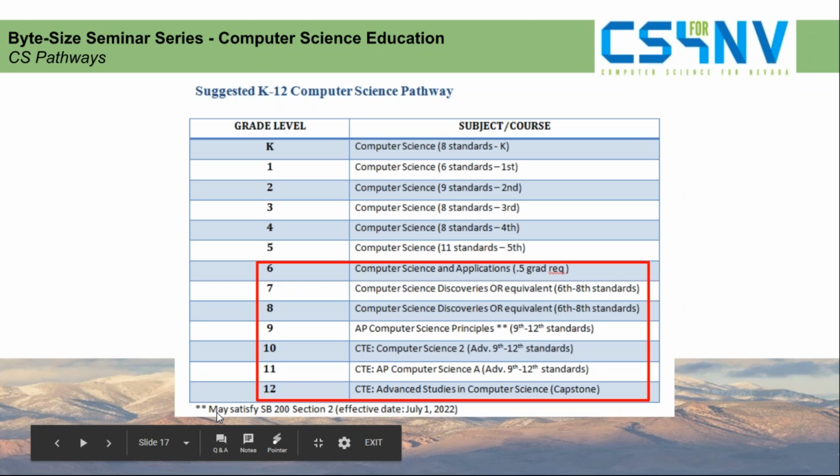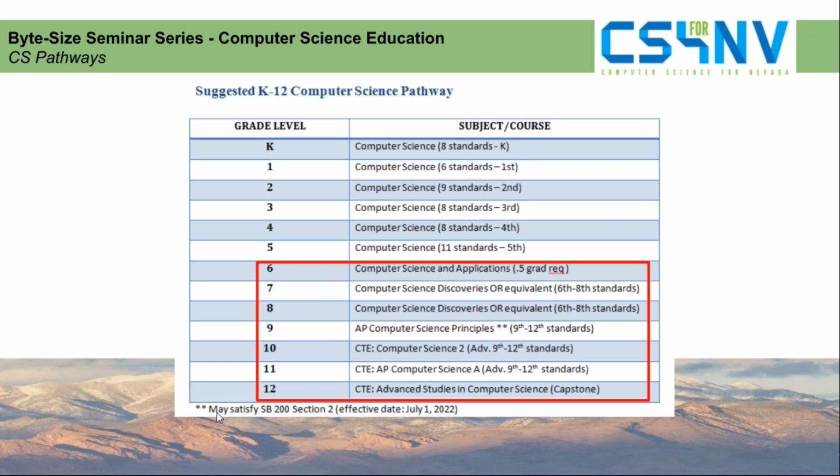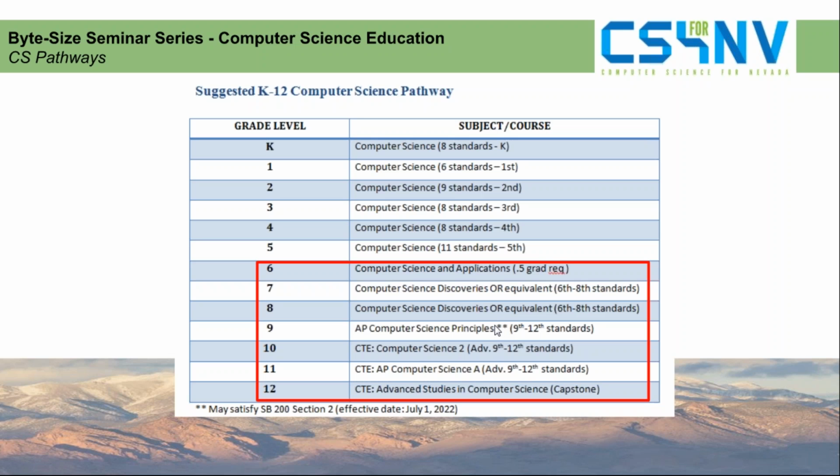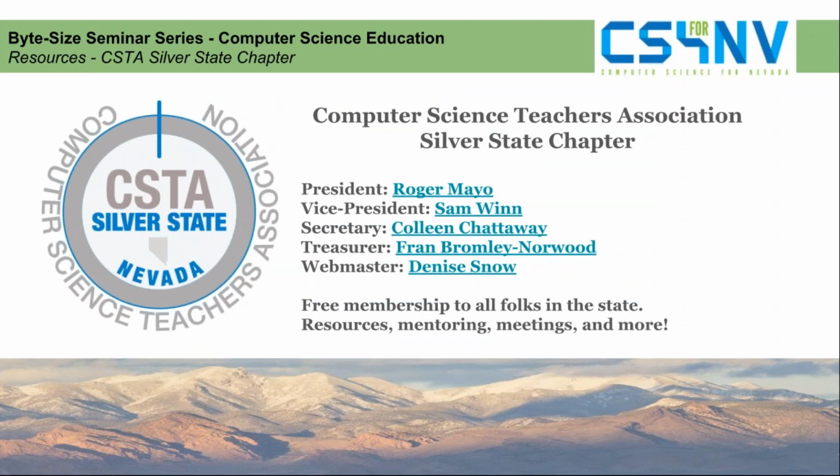And then I have a note here that your CS Principles course may satisfy the Senate Bill 200 Section 2 requirement that high schools offer a computer science course. So that would satisfy that requirement. Any questions on the pathway suggested? All right, on to the resources then.